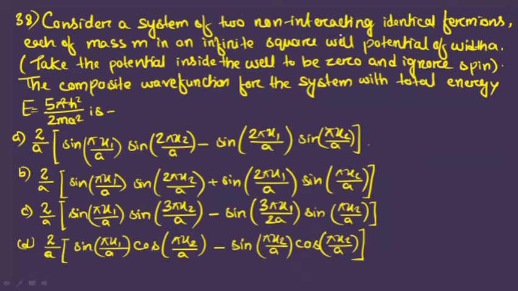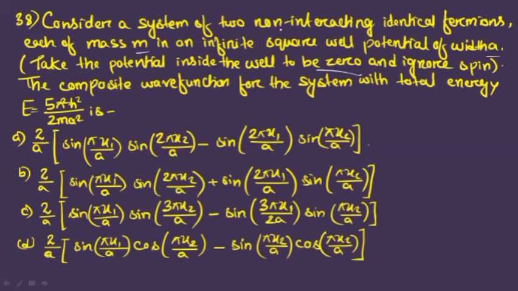Here it is said, consider a system of two non-interacting identical fermions, each of mass m, in an infinite square well potential of width a. Take the potential inside the well to be 0 and ignore the spin. The composite wave function of the system with total energy E is.